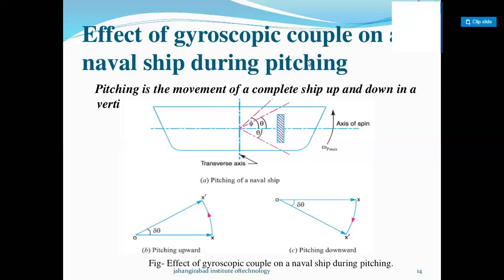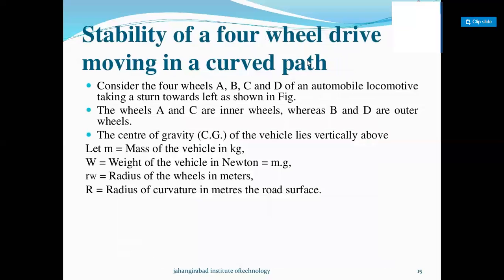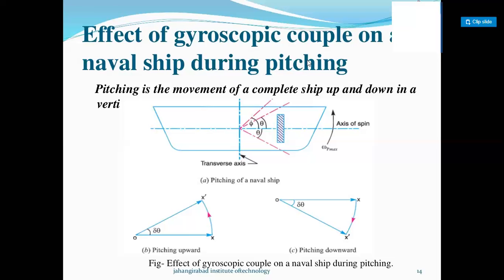Now, the third effect: rolling. The gyroscopic effect on the rolling of the ship, right? The axis of the rotor of a ship is mounted along the longitudinal axis of the ship, and therefore there is no precession of this axis. Thus, no gyroscopic couple effect on the ship frame is formed when the ship rolls, right?